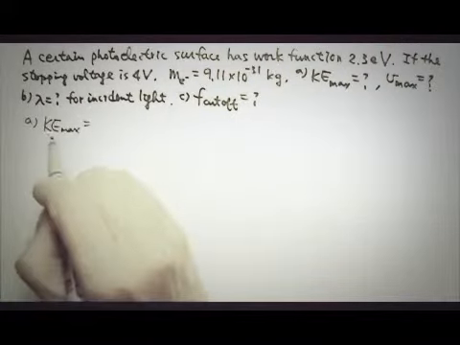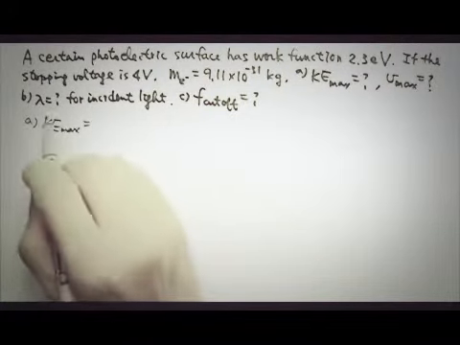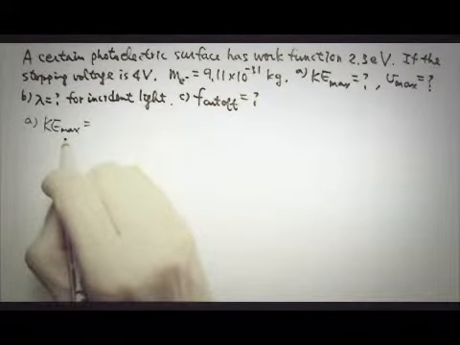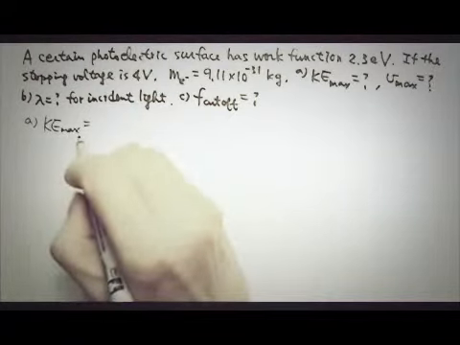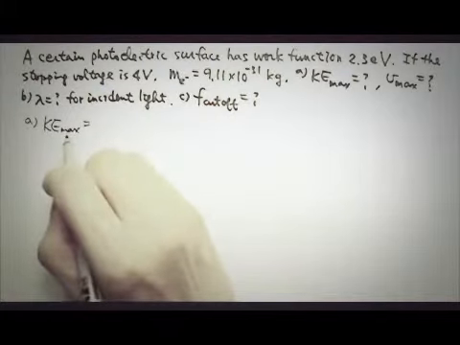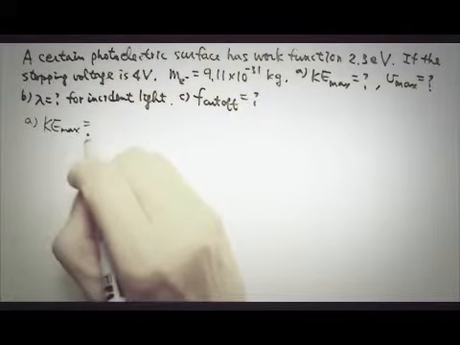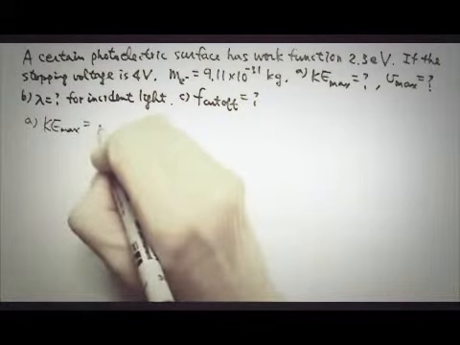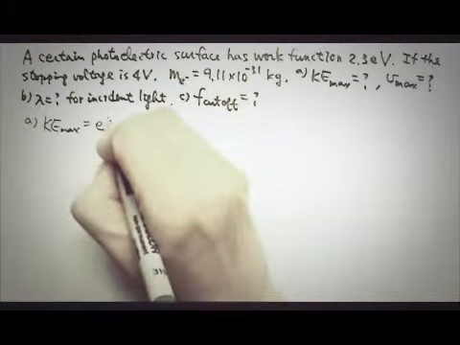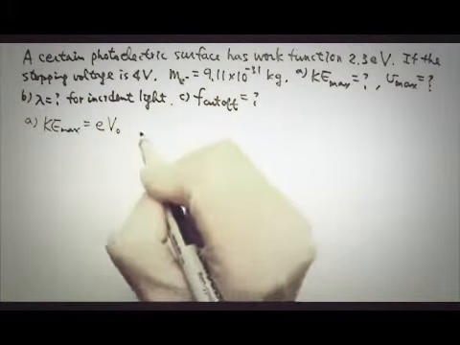A. For the maximum kinetic energy. Maximum kinetic energy can be measured using the stopping voltage. When the current stops, that means all that kinetic energy is turned into potential energy, U equals QV. Therefore, this will be Q, which is the elementary charge e, times V, the stopping voltage.